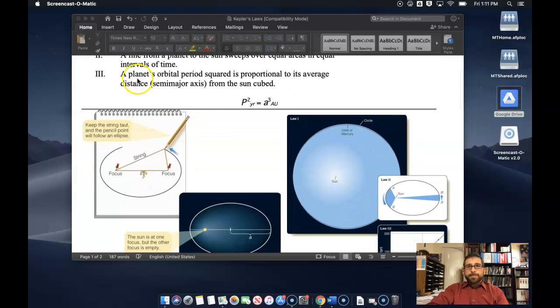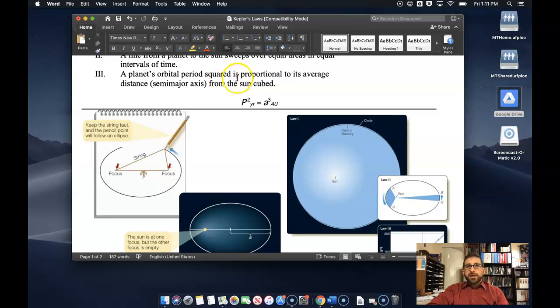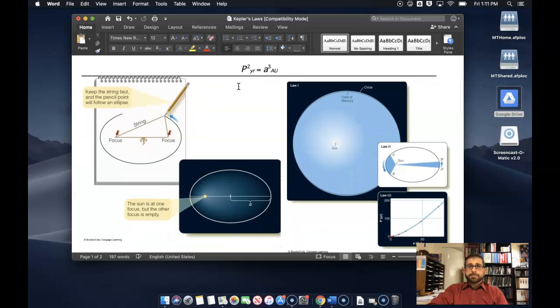The third law is that a planet's orbital period squared is proportional to its average distance, which is the semi-major axis, from the sun cubed, which is the mathematical law that we are going to be using today for your calculations.